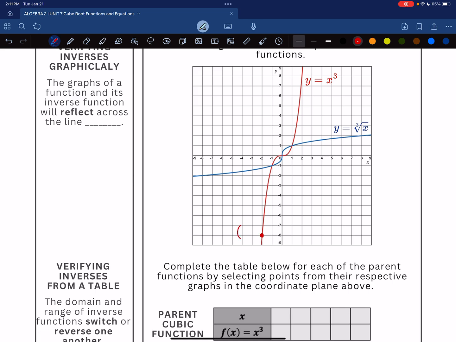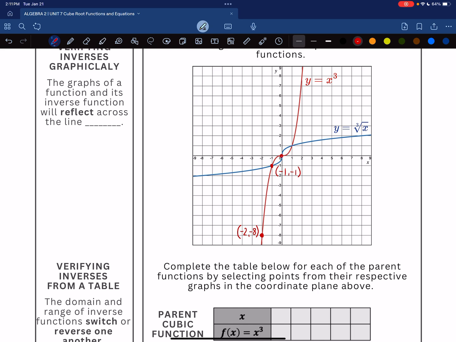This is the point -2, -8, because the x value is -2 and the y value is -8. Then as I'm traveling along that graph from left to right, none of these are nice, but right here, we've got another point that I can identify. That would be the point -1, -1.